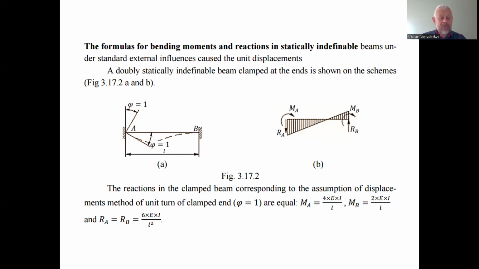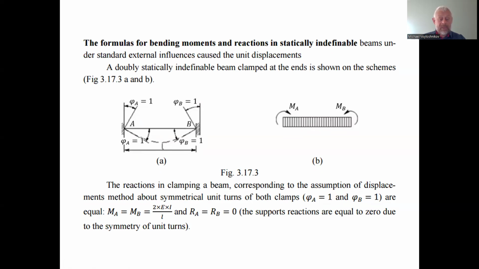Another one is two embeddings, and if we have a bending angle, for example, if one embedding rotates by a unit angle, what will be the bending moment diagram and the magnitudes of forces arising due to this angular displacement of the embedding? Not a distributed load, and we do not look for how we get this kind of displacement. Just, if we have the displacement, what will be the diagram of the bending moment and the magnitudes of forces and moments.